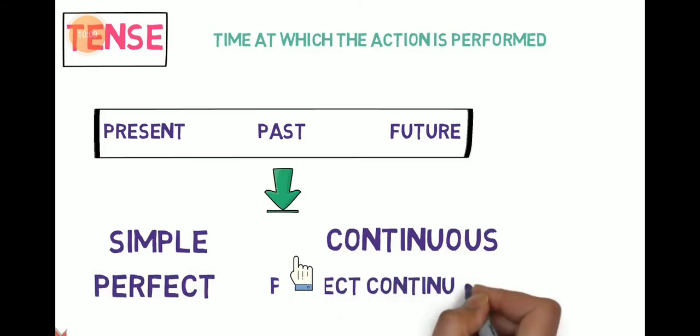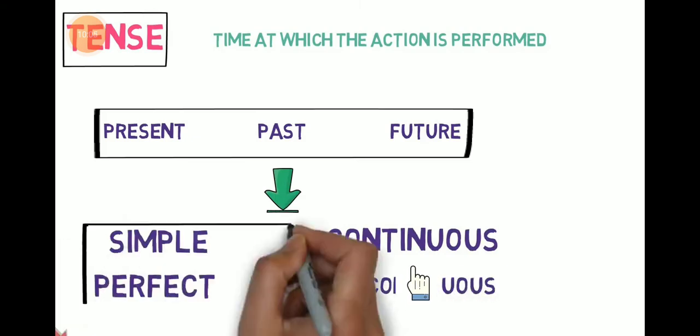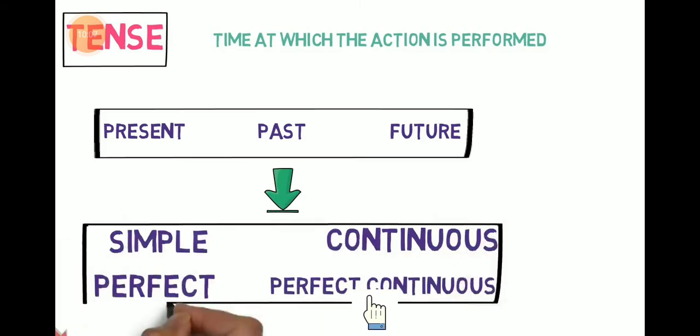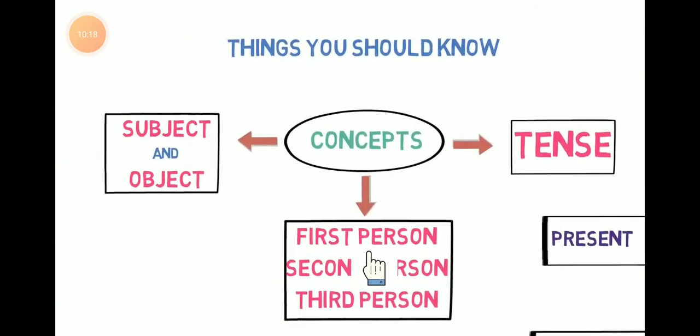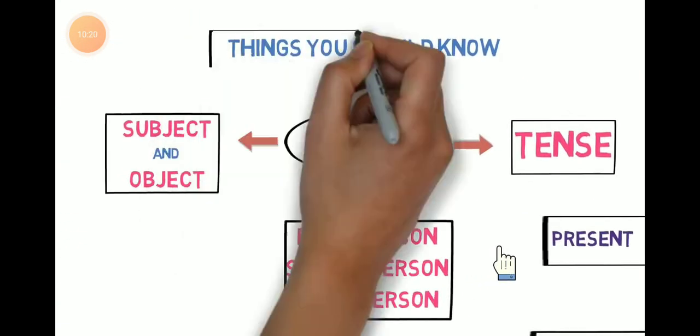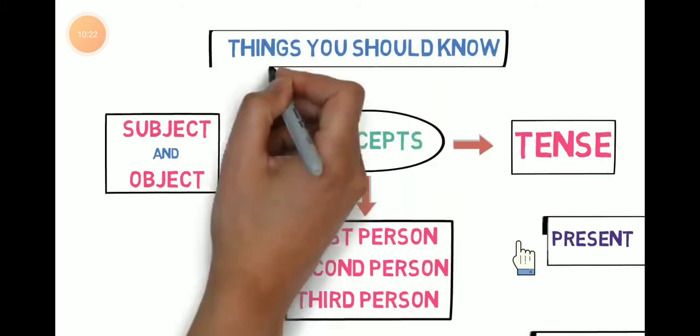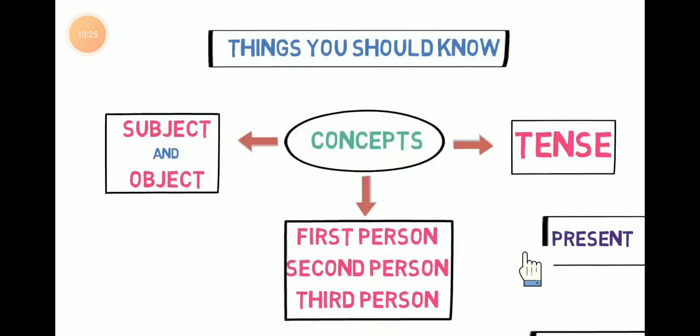Simple, continuous, perfect and perfect continuous are the four forms of these tenses. Let's say simple present and present continuous, present perfect and present perfect continuous, or simple past, past continuous, past perfect, past perfect continuous, and these are the forms of the tenses.